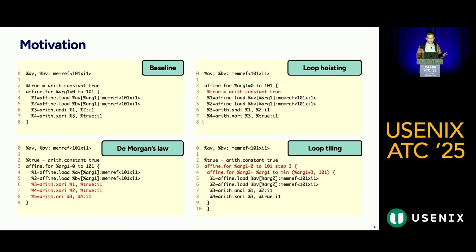Loop hoisting moves the constant truth into the loop body. Loop tiling turns a flat loop into a nested one. So how can we verify these four different compiler optimizations in a unified manner? We will use these four code snippets as a motivating example to illustrate how they are handled in our framework.